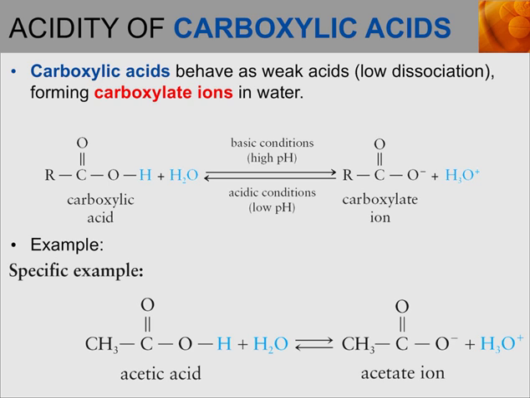So with the carboxylic acids, if you dissolve them in water, the water molecule is going to team up with the hydrogen from the carboxylic acid, and they're going to form the hydronium ion, H3O+.